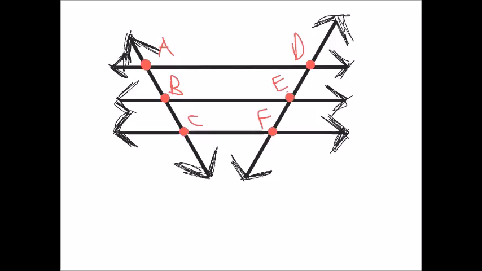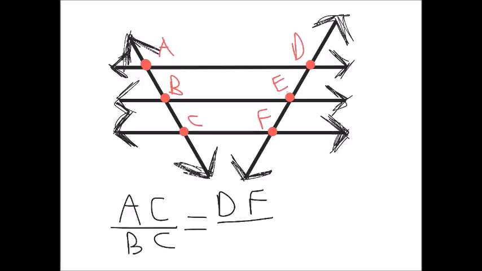We can say that AC over BC is equal to DF over EF.